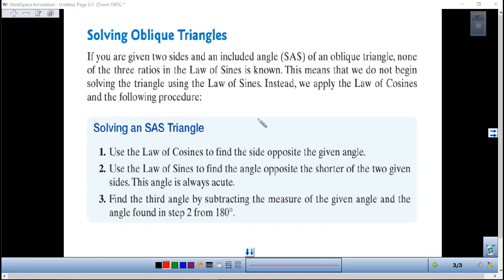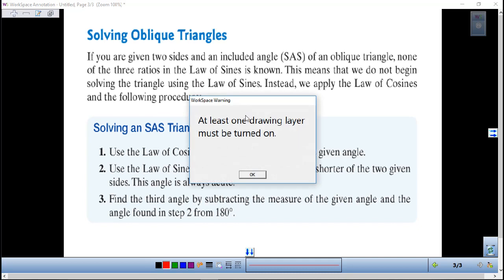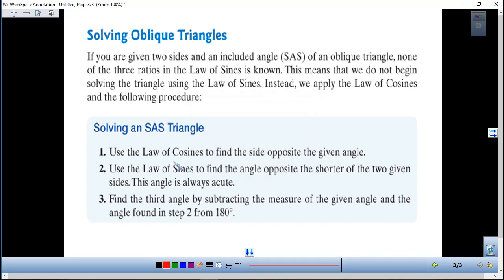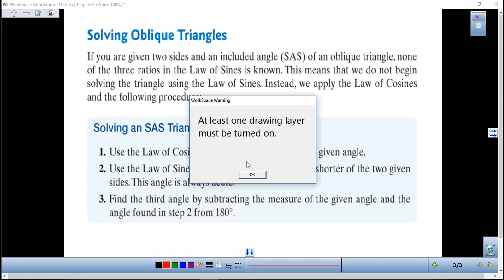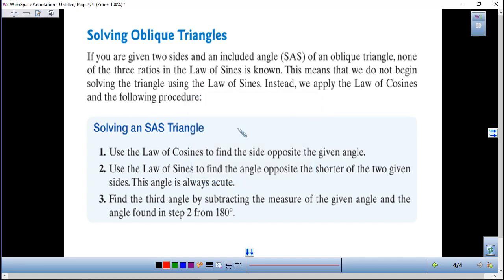Now, if you remember, when we talked about the law of sines, I told you that when you do the inverse sine, you're always going to get an acute angle.